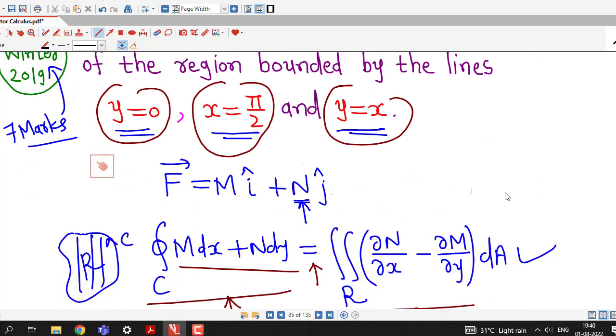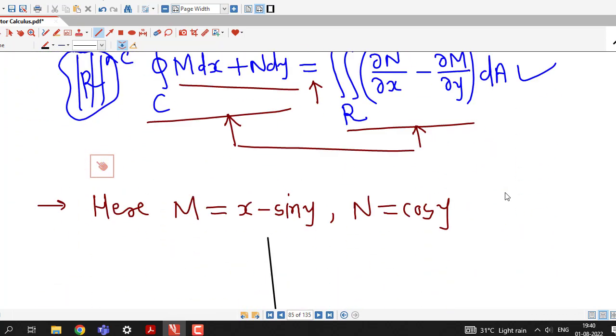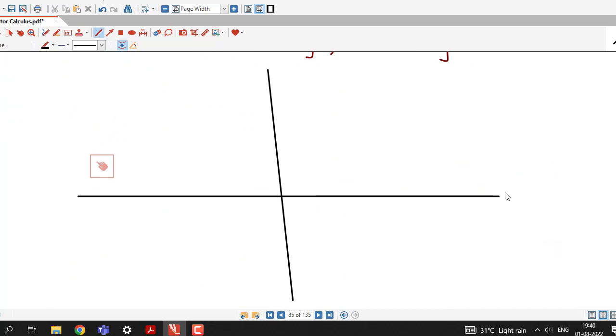Y equal to 0, that is x axis. X equal to pi by 2 is the line parallel to y axis. So suppose this line is x equal to pi by 2. Another line is y equal to 0, that is x axis, and third line is y equal to x.